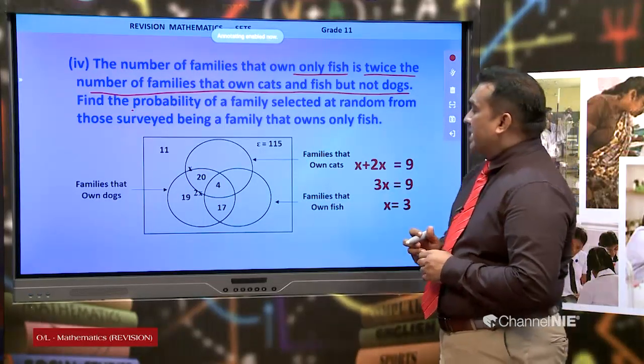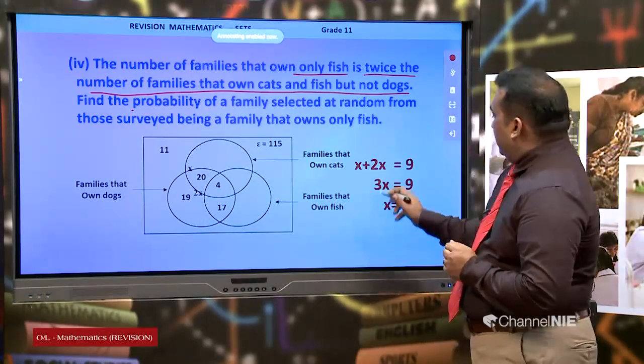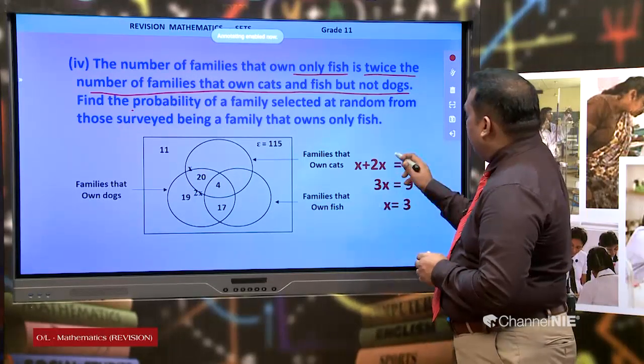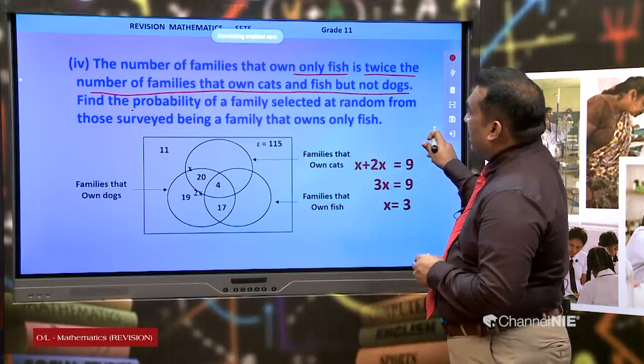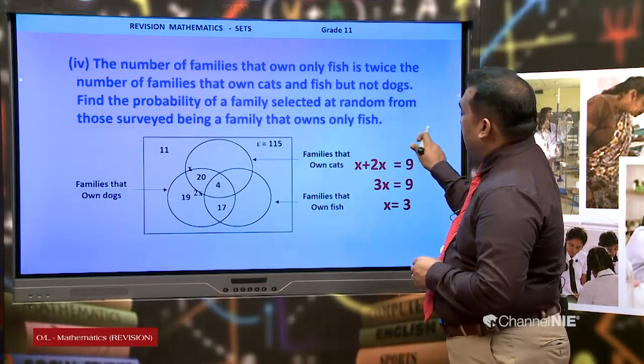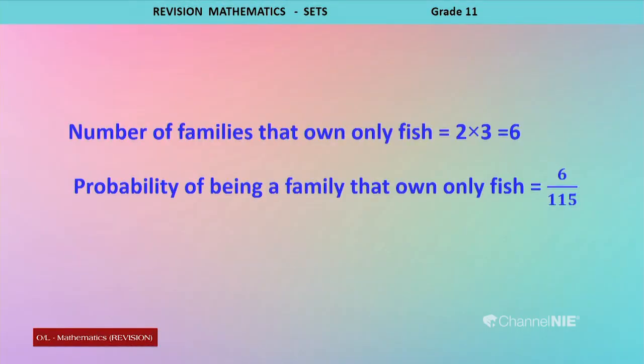Then 3x is 9. Divide both sides by 3. Then you have x as 3. After completing, read the question carefully to get this answer, right? Read the whole question carefully from the very beginning. Otherwise you can't understand. Number of families that own only fish, 2 multiplied by 3 is 6.